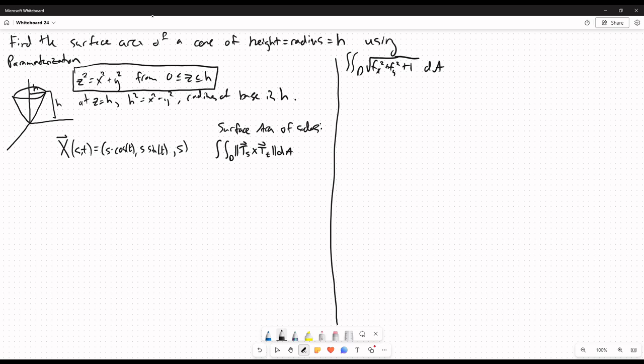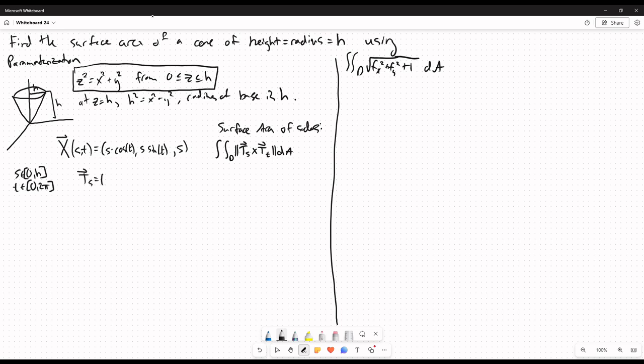We should think about what that region is. That's basically saying, what are my s and my t going between? Well, I know my s, that's the z coordinate, that's going between 0 and h. And my t coordinate, I'm doing the full circle, that's going to be 0 to 2 pi. So I kind of know what this region D is going to look like. Now I want to find those partials.